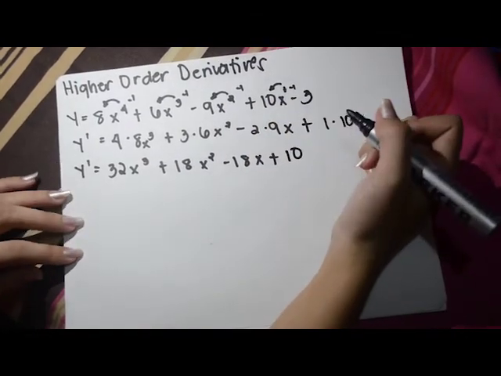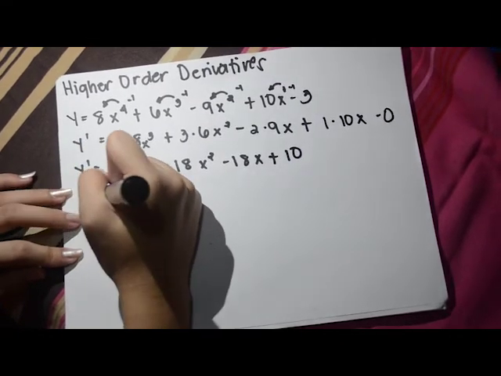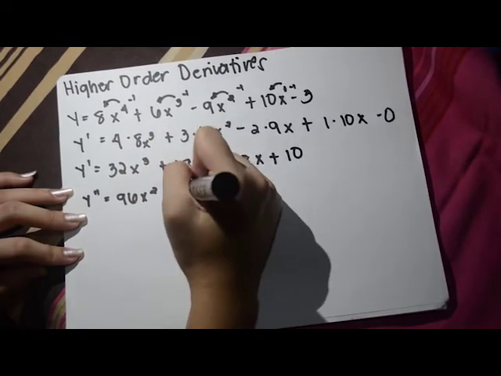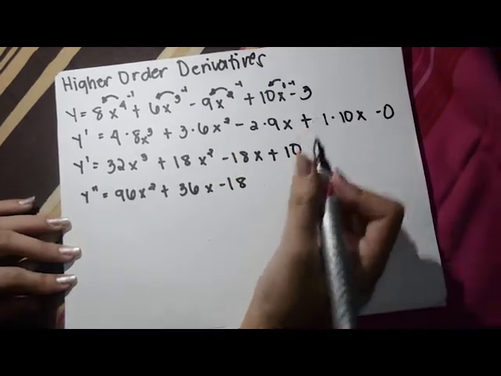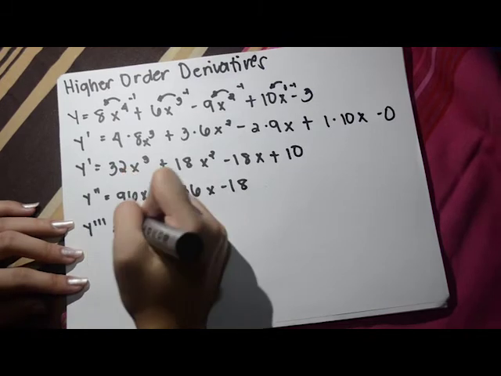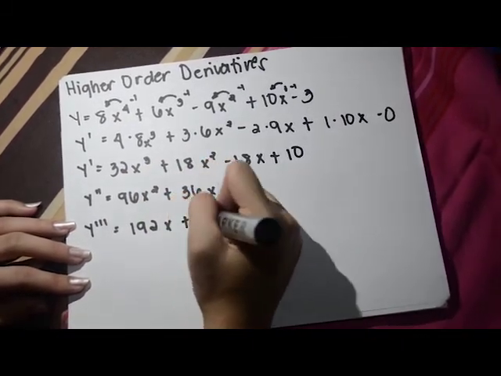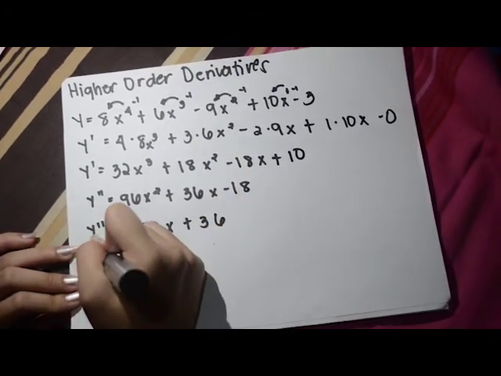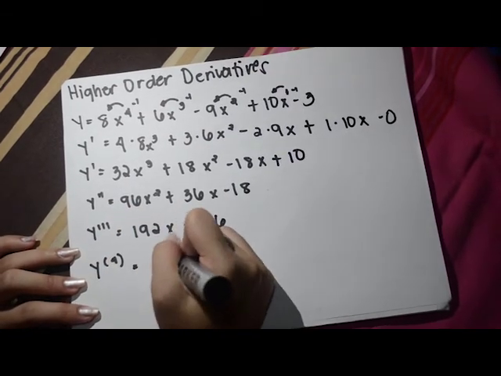If we simplify this, it will become 32x cubed plus 18x squared minus 18x plus 10. And that is the first derivative. Just repeat the steps to find the second, third, and fourth derivative of the function.